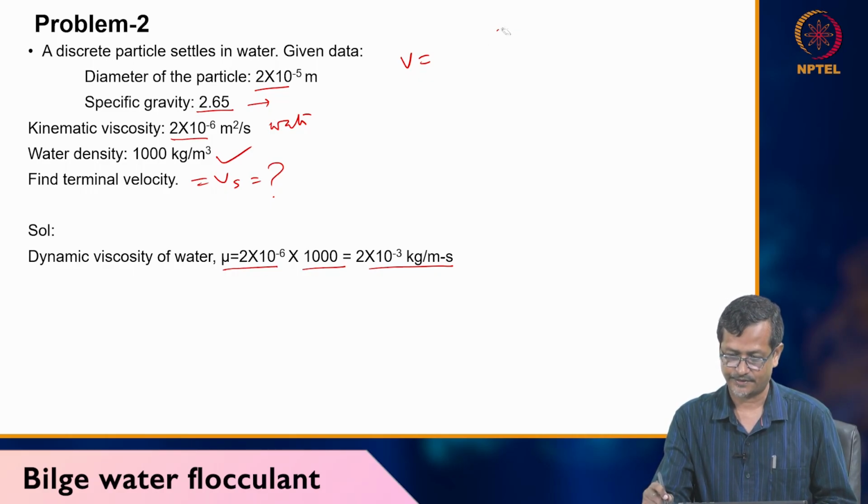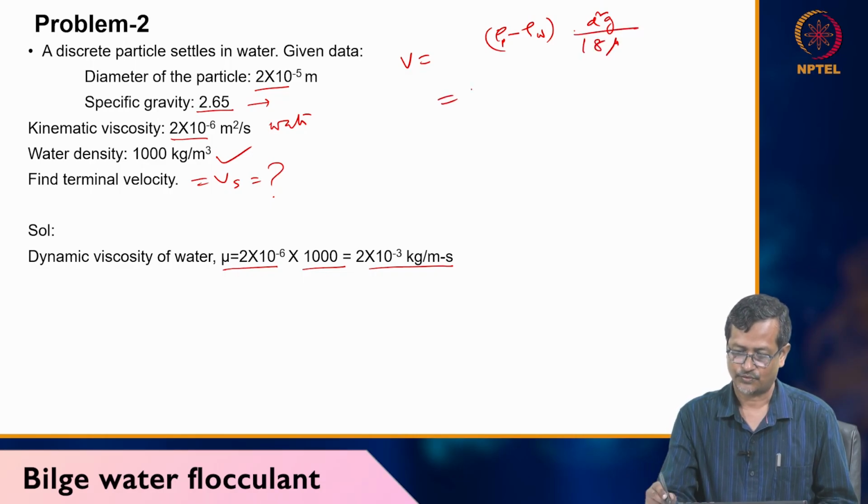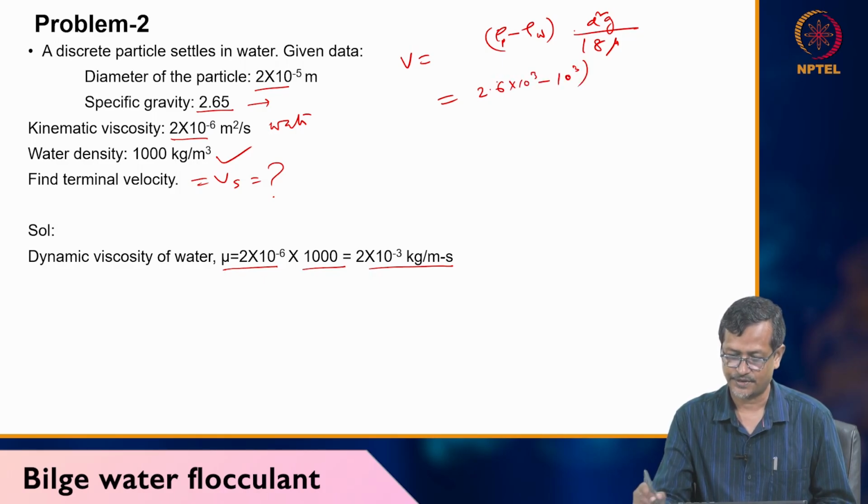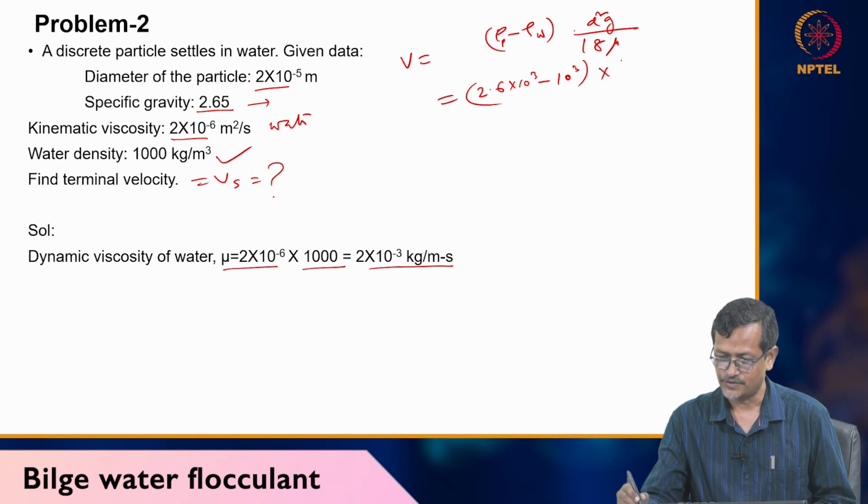Better to write the formula. Vs equals (rho particle minus rho water) g d square by 18 mu. So rho particle is given as 2.6 into 10 to the power 3, minus 1000 or 10 to the power 3, into d squared.